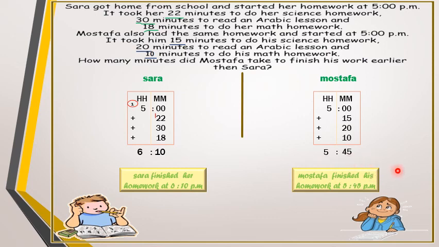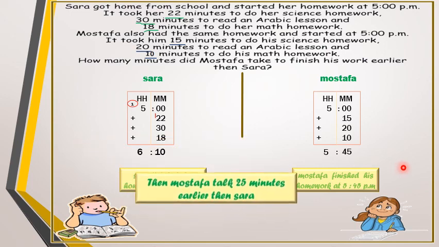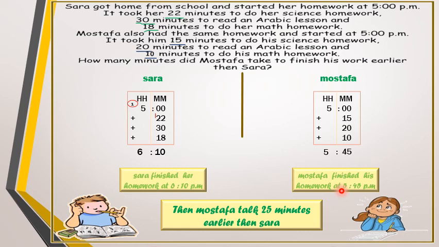Or I can say it's 5:45. So Mustafa finished his homework at 5:45. As you can see, he finished earlier than her. So how many minutes earlier than her? Okay, we start calculating the minutes from here to here. As you can see, this is 5:45. How many minutes does it take to reach 6 o'clock?